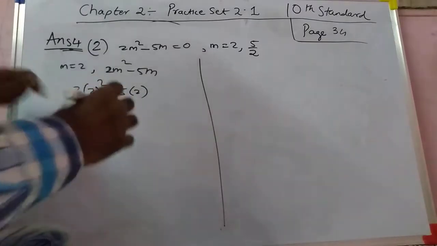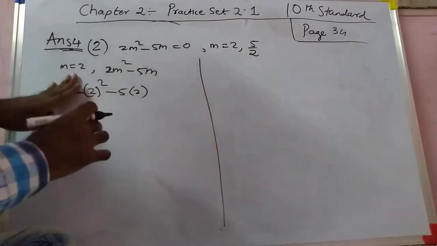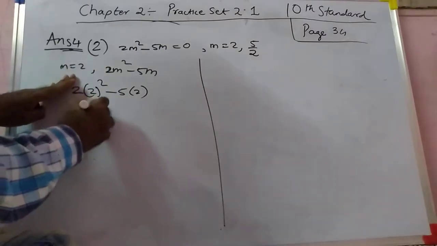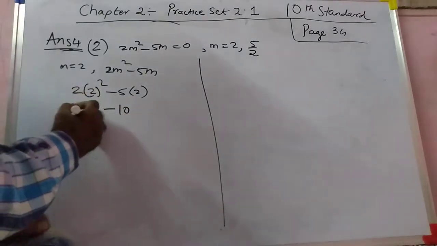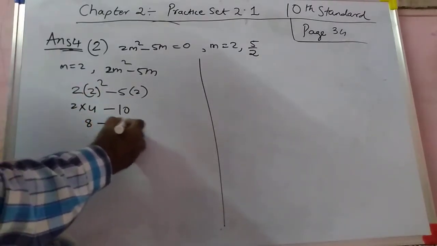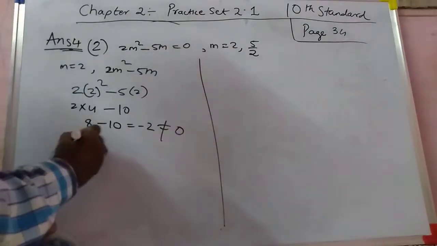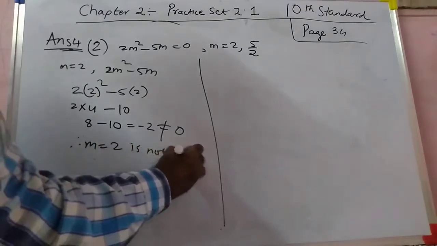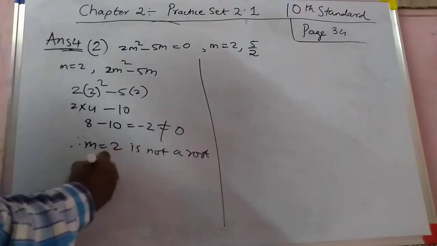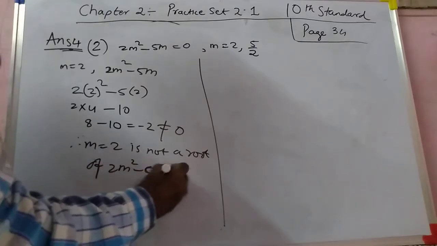Don't multiply this. First do this. 2 into 4 minus 10. That will become 8 minus 10, minus 2, not equal to 0. Therefore m is equal to 2 is not a root of 2m square minus 5m is equal to 0.